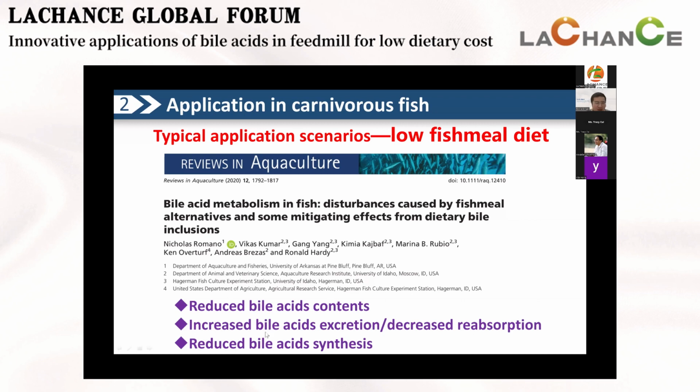And then the second reason may be the increased bile acids excretion and or the decreased reabsorption. This is mainly due to the disturbance of the anti-nutritional factors. And the third reason is the bile acids synthesis may be reduced in the low fish meal diet.